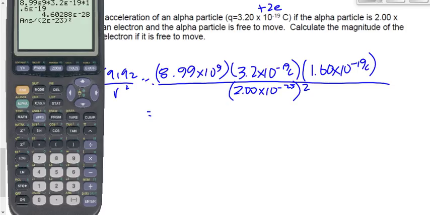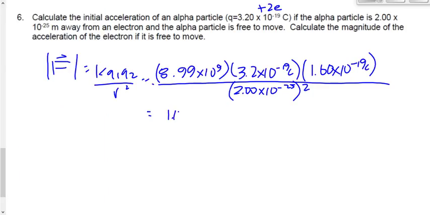You'd probably get it right 80% of the time because of brackets and numerators, but 80% is not good enough. We want 100%. That works out to be 1.15072 times 10 to the positive 22 newtons.